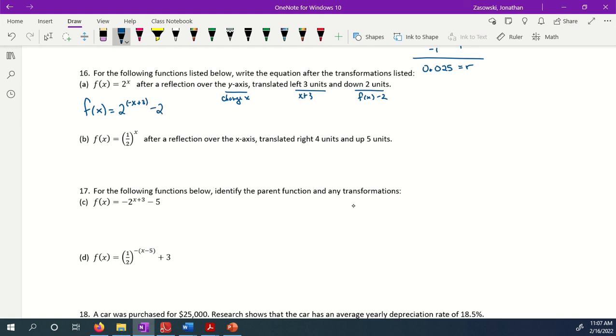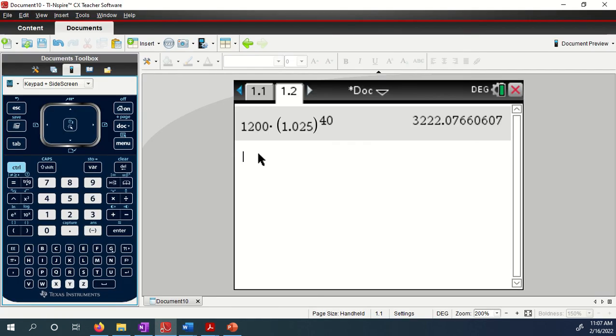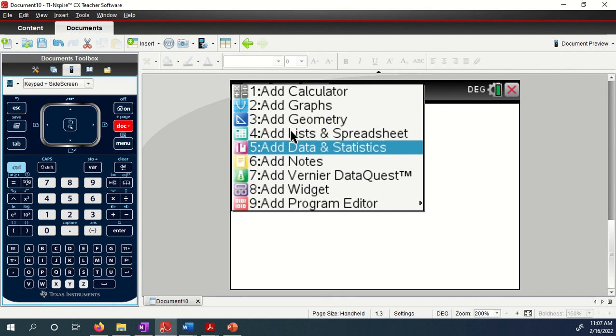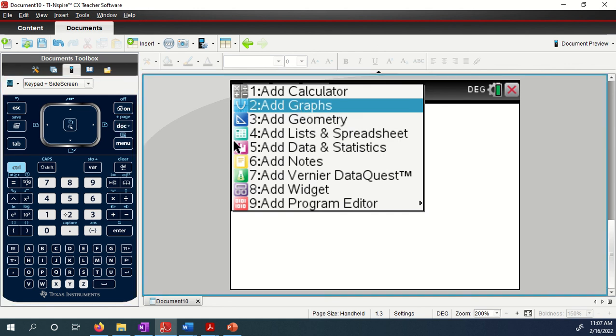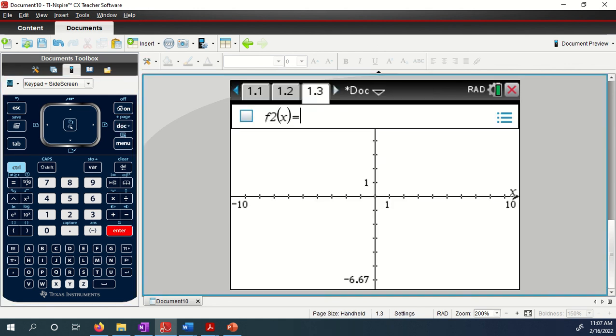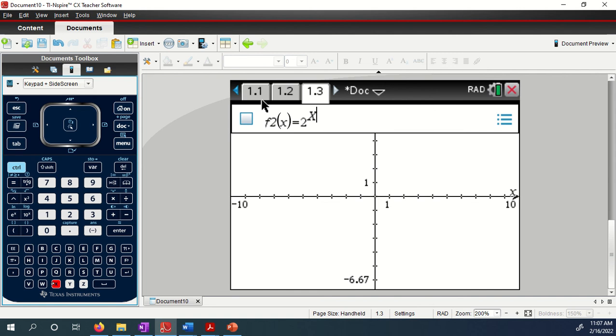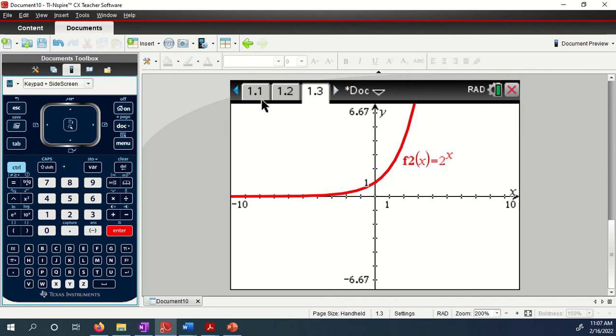Now, if you're on a test or exam and you have time, you could graph the two functions. Control plus to add a page, go to graph. We could graph 2 caret x. My caps lock is on for some reason.